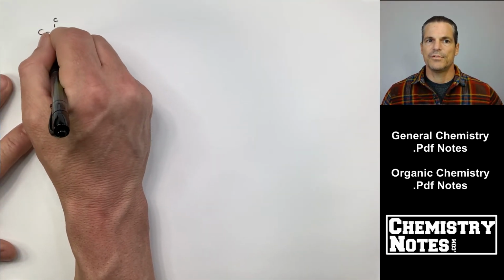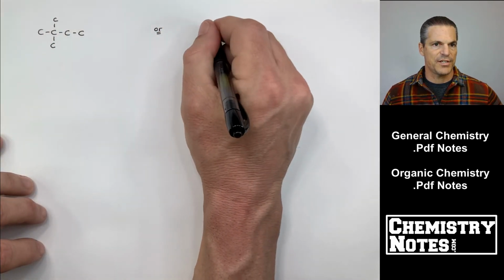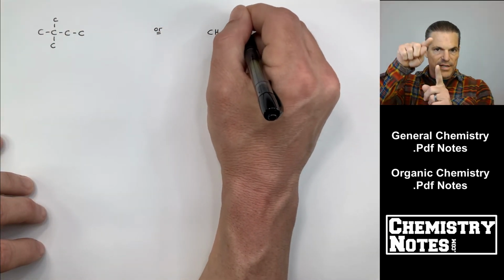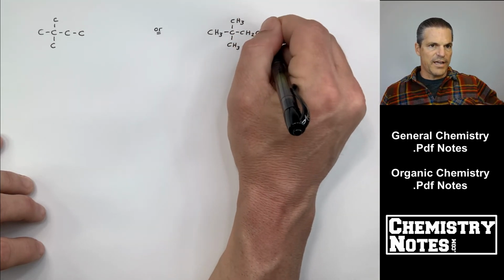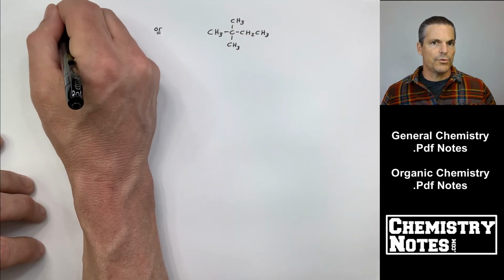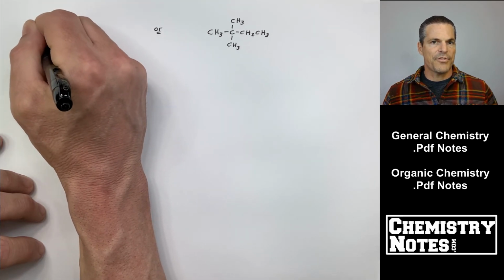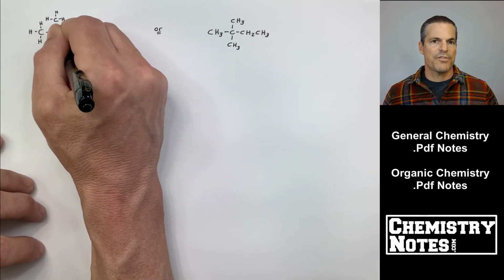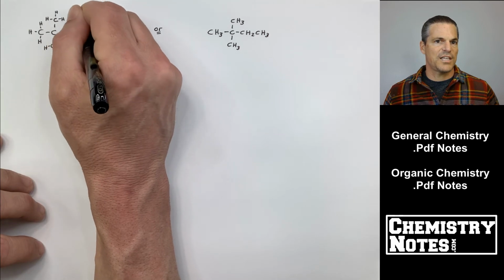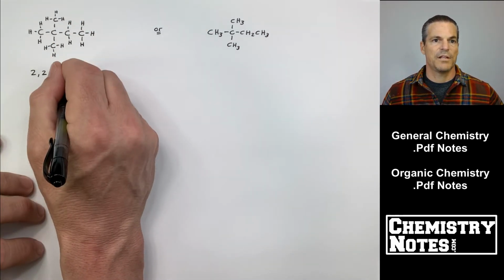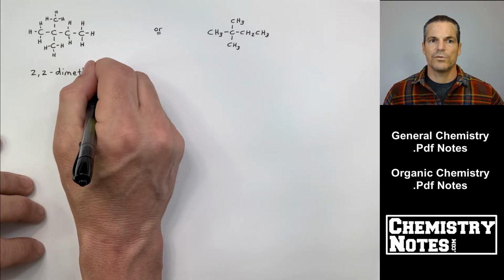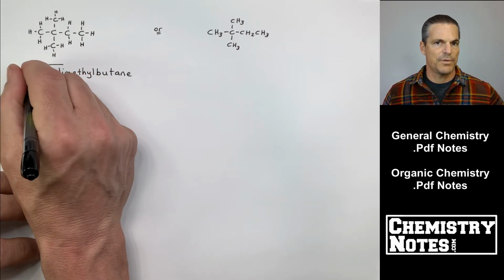Here is another butane, but I've got both of my branches sticking up and down off of the same carbon. We should start numbering from the far left, and that becomes carbon 2. Both methyl substituents, both methyl branches, those are CH3 groups, are popping off of the second carbon in from the left: 2,2-dimethylbutane.